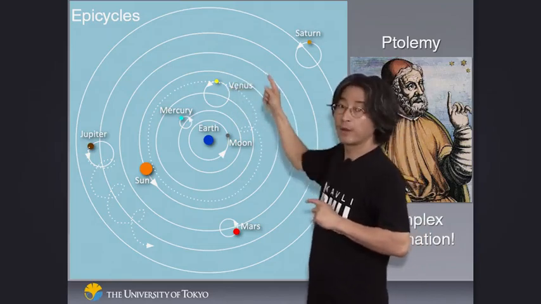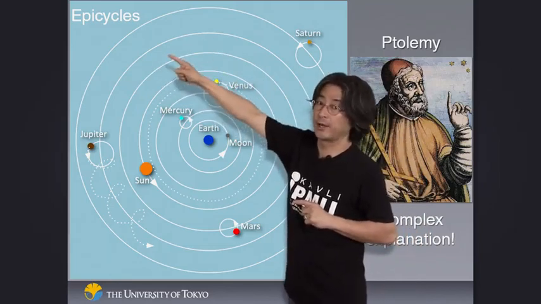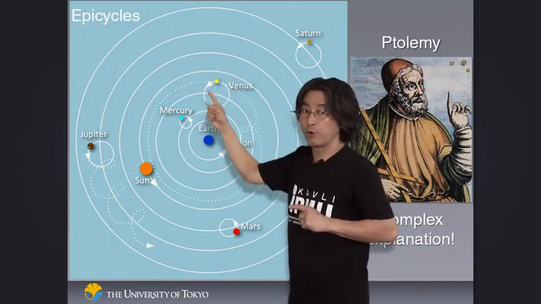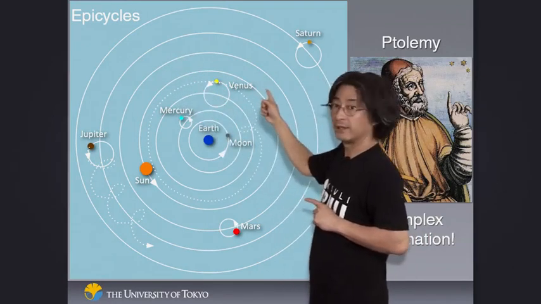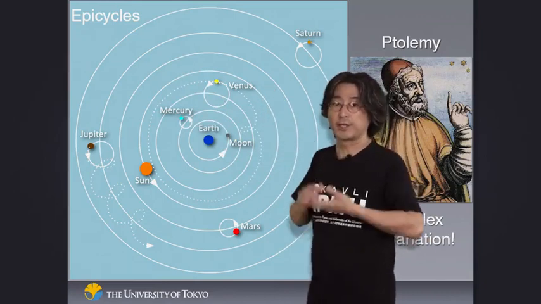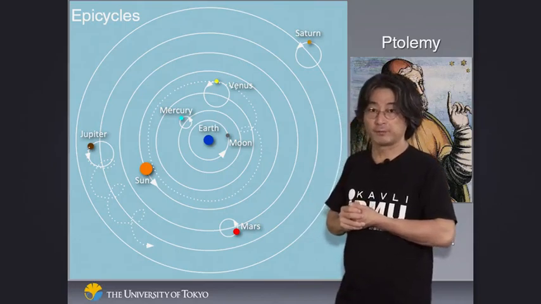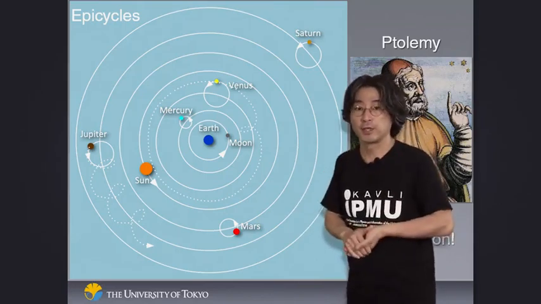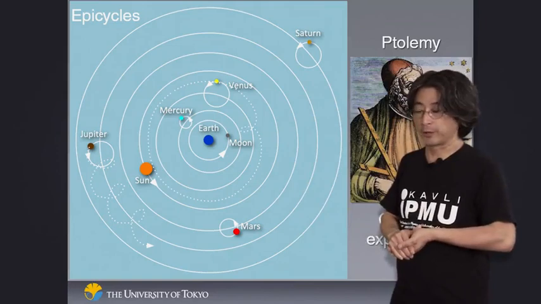As it keeps moving around the Earth, it just goes back and forth a little bit in a little cycle called an epicycle. So they added this epicycle to the previous picture so that they could explain the observation. That was the revised picture of the way the universe should work.